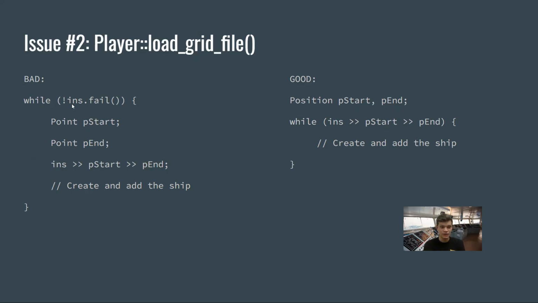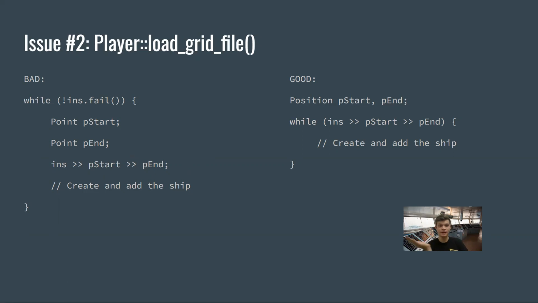The bad way to do it is to say while not ins fail. ins is the ifstream, I think; it could be something different in your case. So while it's not failed, we read in the points and then create and add the ship. You're probably thinking, Nick, why is this not okay?